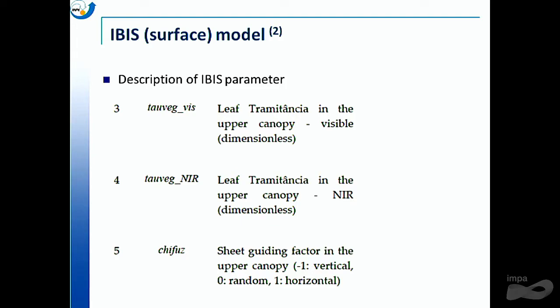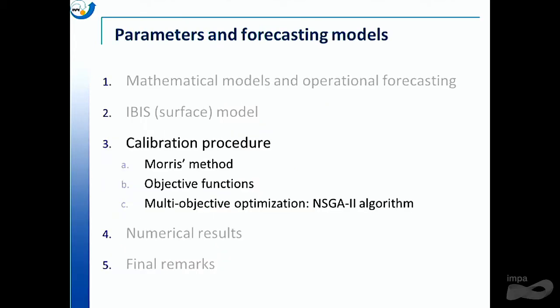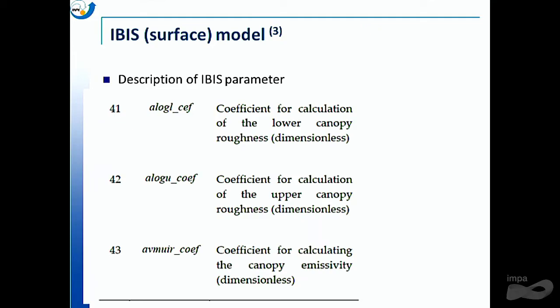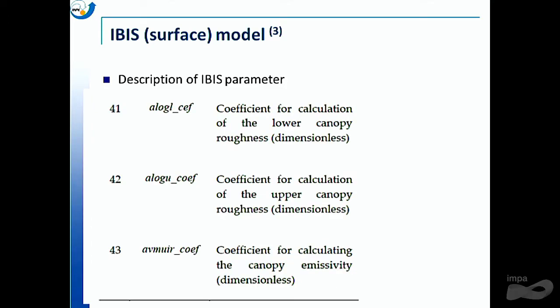The same property, but considering the near infrared band. Leaf angle distribution factor in the upper canopy. Okay, this could take -1, 0, or 1 is horizontal, and so on. Well, a lot of parameters. Okay, and then, for example, I start here with 1, 2, 5, and I jump just to have more than 40 parameters to represent inside of this scheme.